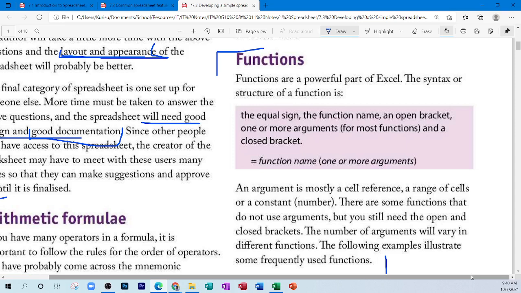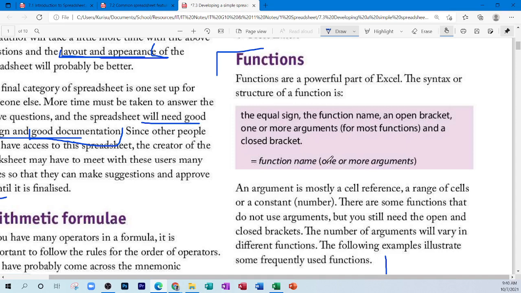There are some functions that do not use arguments, but you still need the open and close brackets. The number of arguments will vary in different functions. The following examples illustrate some frequently used functions.